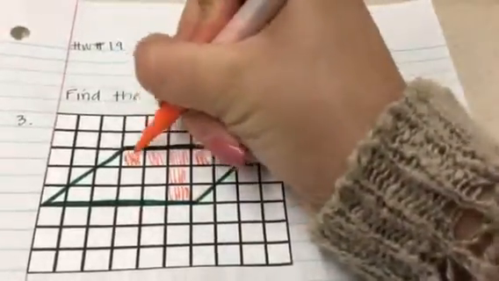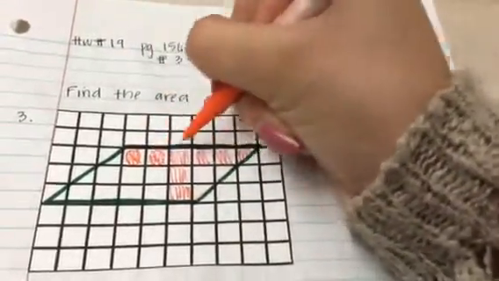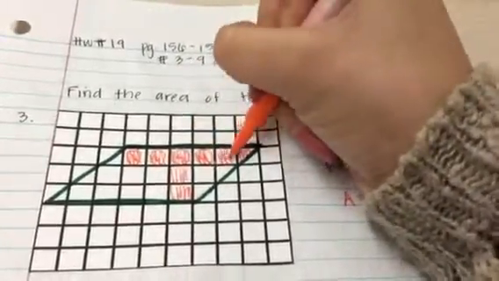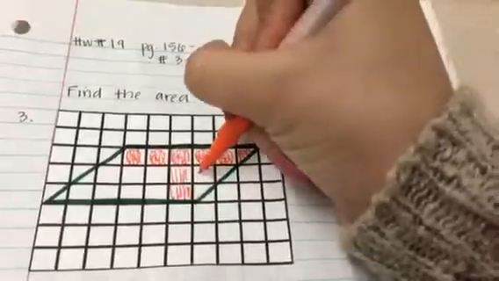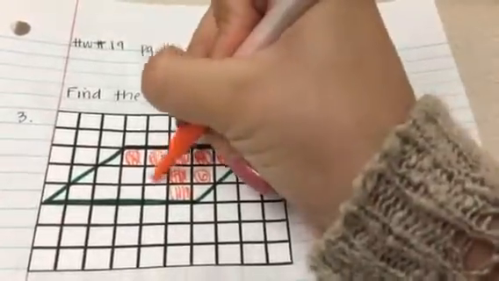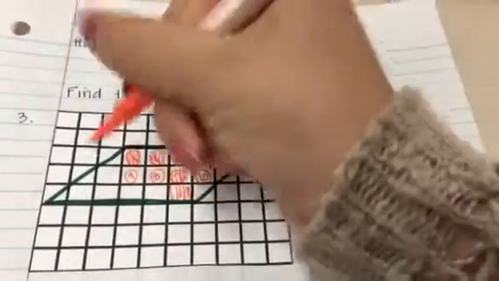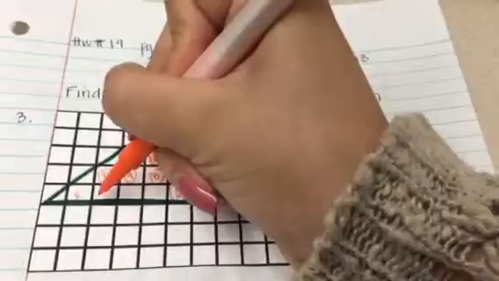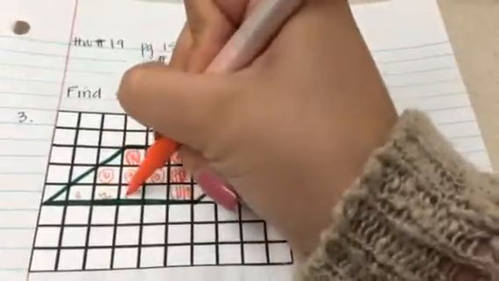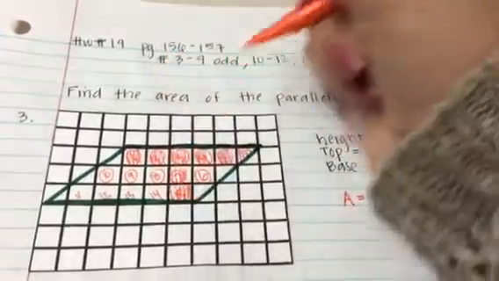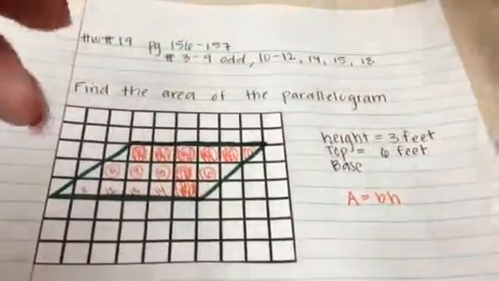So this is 1, 2, 3, 4, 5, 6, 7, 8, 9, 10, 11, 12, 13, 14, and 15. So we have 15 so far.